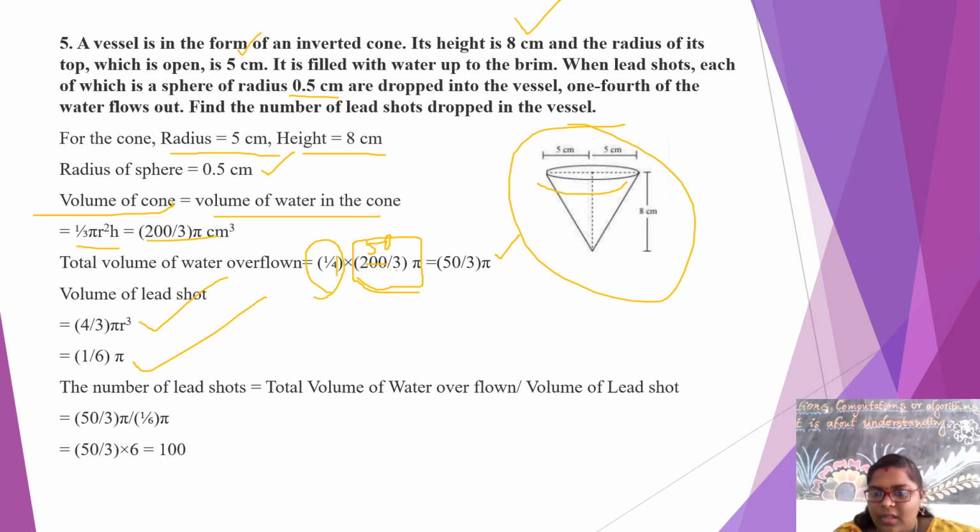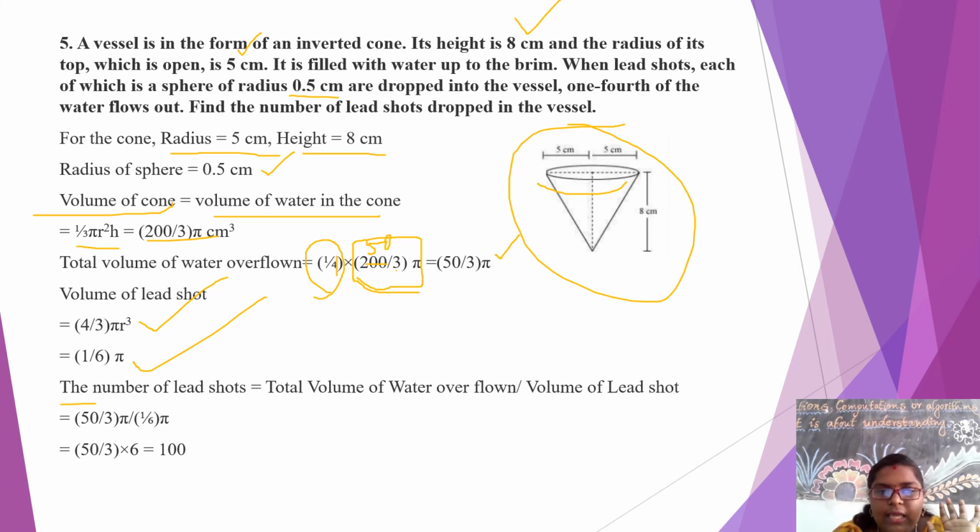To find how many lead shots you dropped into the water, take how much water fell down divided by the volume of the lead shot.